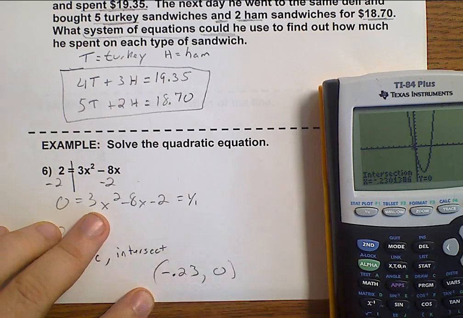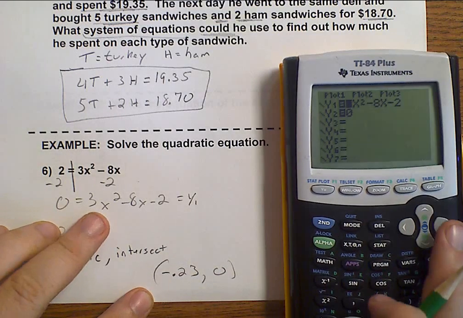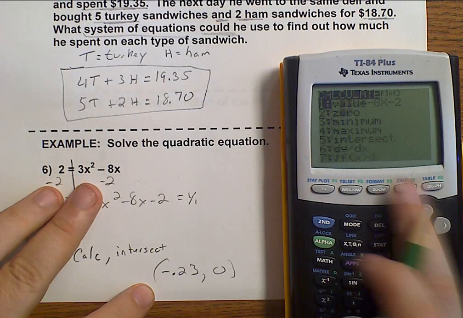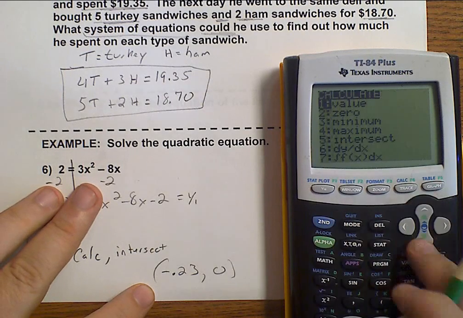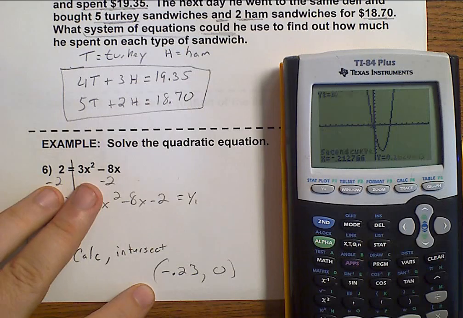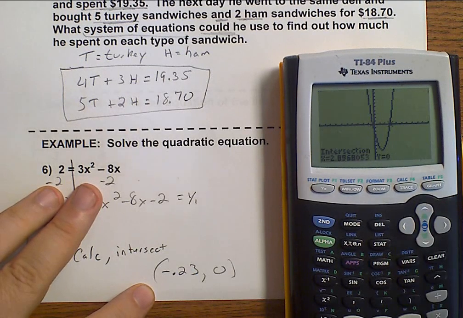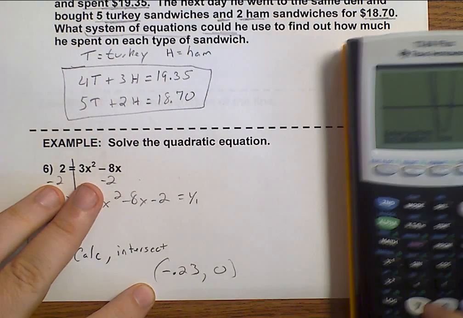Let me double check my graph. 3x squared minus 8x minus 2, yes. Then we're going to find the other one, doing the same steps, first, second, but for guess, we're going to scroll over here, hit enter, and it's going to tell us about 2.90.